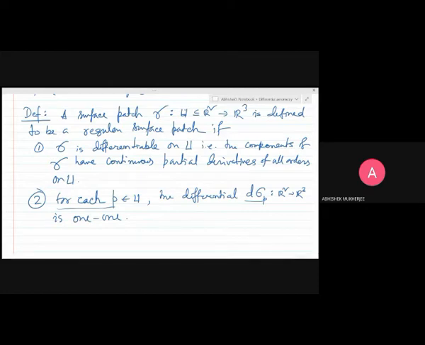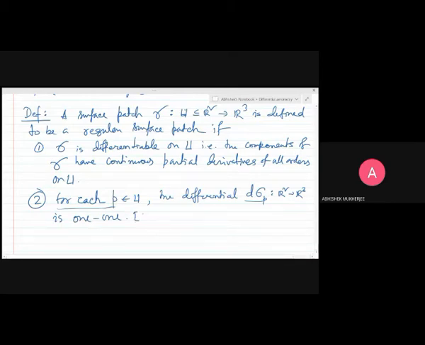So a surface patch sigma is defined to be a regular surface patch if firstly sigma is differentiable, that is, the components of sigma have continuous partial derivatives of all orders on U. And the second condition is that for each p belongs to U, the differential d sigma p from R2 to R3 is going to be 1-1.